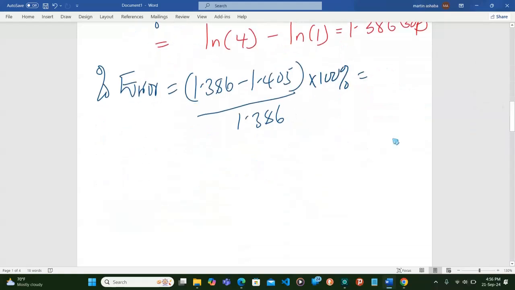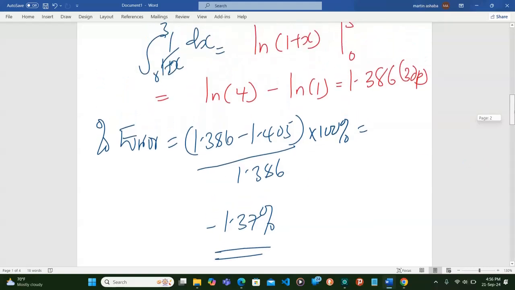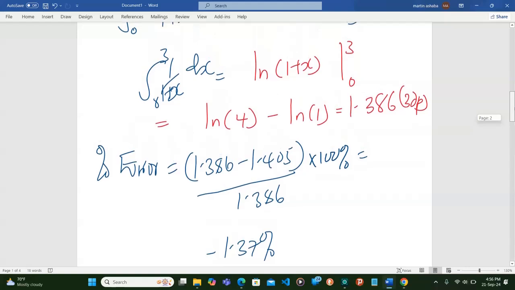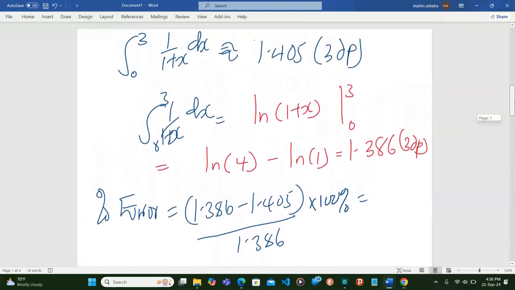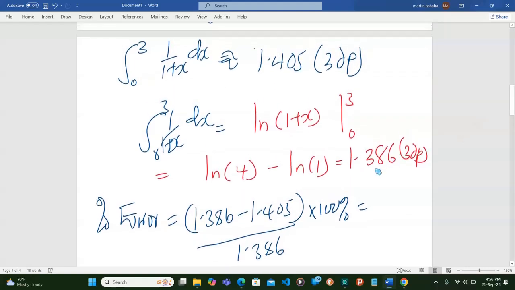I'm getting negative 1.37% as the error. So this is very small and it can be neglected. But if you wanted the answer in 1 decimal place, then I would say this is approximately 1.4 and the other one would be 1.4 also.